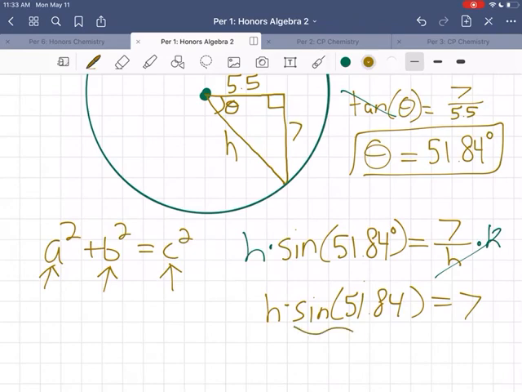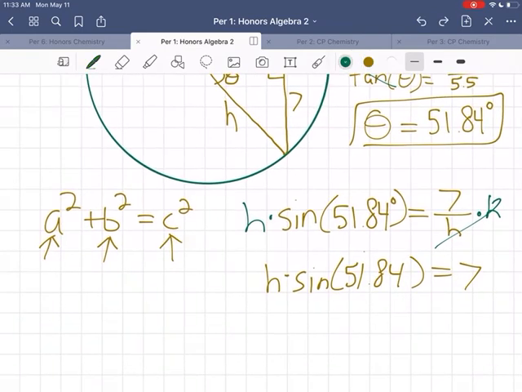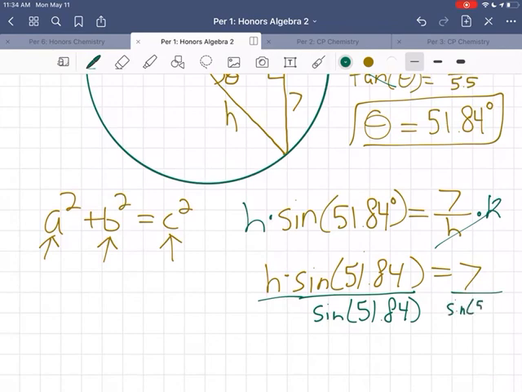So because this thing here is just a number, that means we can just divide by the sine of 51.84 as well. So that'll be our next step. Let's divide this side by the sine of 51.84, and we'll divide this side also by the sine of 51.84.